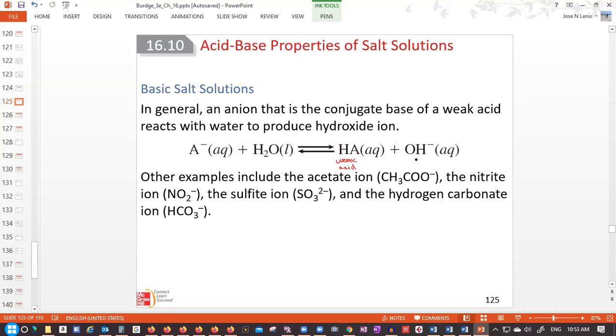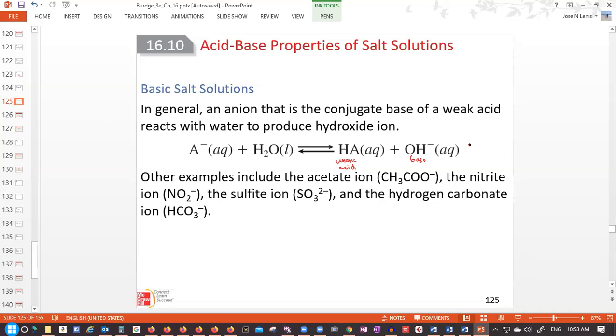So this is the strong base producing the basic solution.